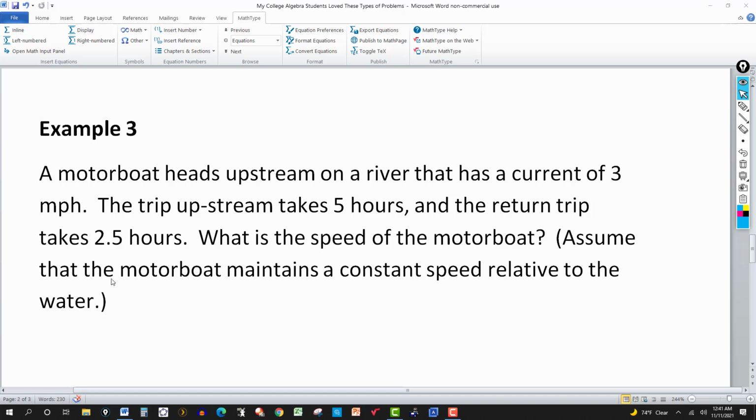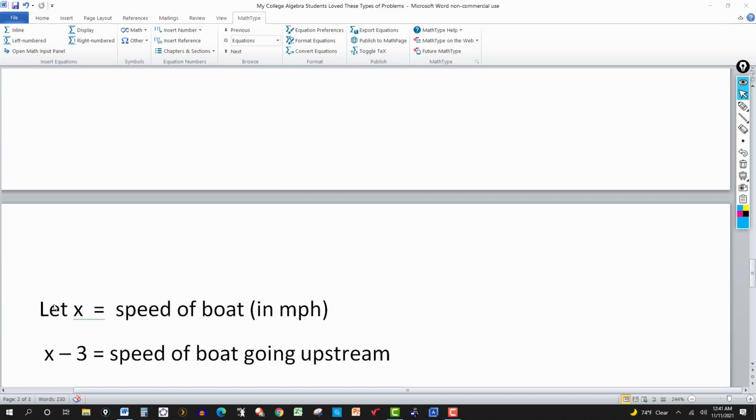And again, assume that the motorboat maintains a constant speed relative to the water. Okay, so it doesn't stop and then take off. It's constant speed. So we're looking for the speed of the motorboat. We'll let x equal the speed of the boat. And again, the units are going to be miles per hour. The speed of the current is 3 miles per hour.